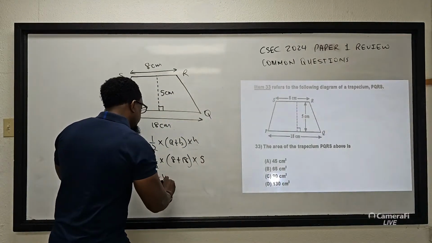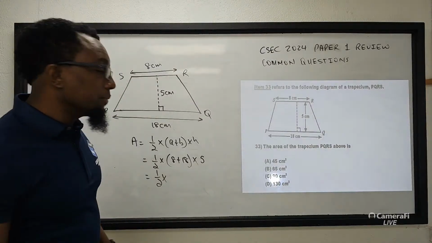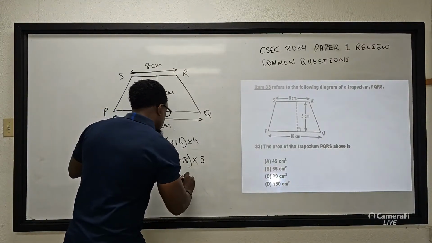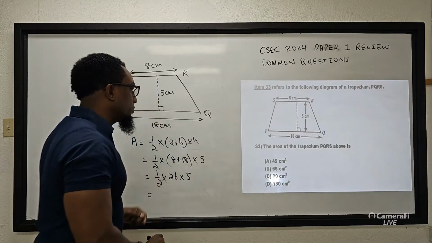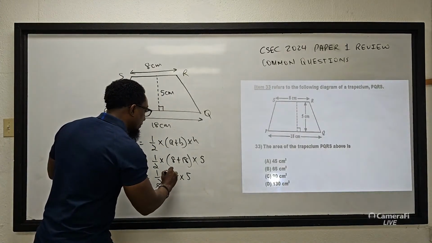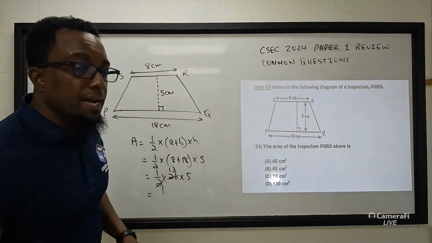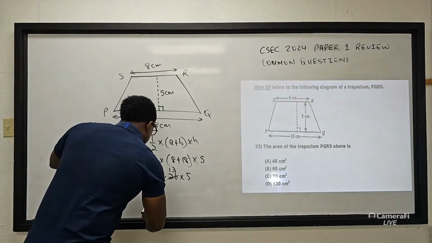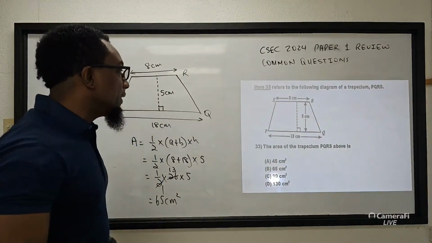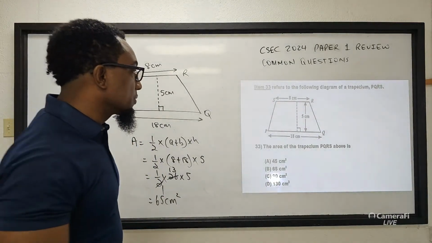So this is a half times 26 times 5. 2 into 26 is 13, and 13 by 5 will give us 65 centimeters squared, which will be the area of the trapezium, which is B.